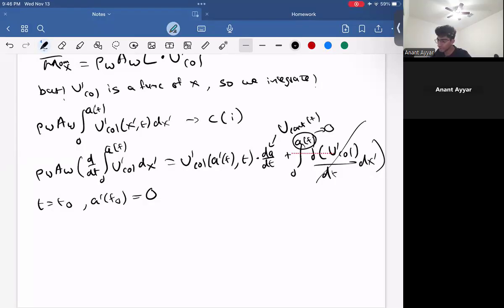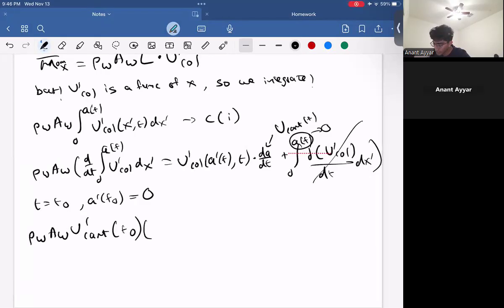Your final equation then turns out to be rho w A w v prime cart at t naught, because you're evaluating the velocity at t naught, times the velocity of the column at x equals 0 and t naught.